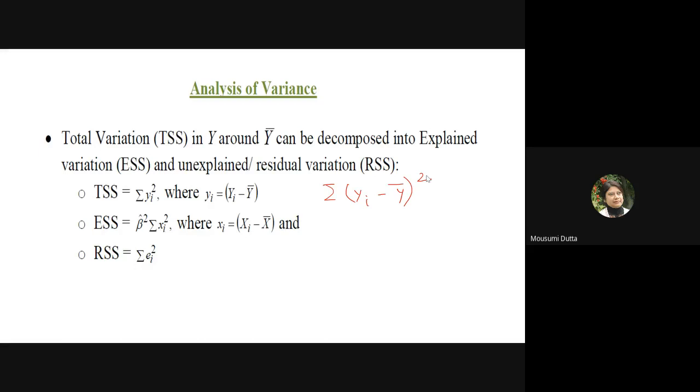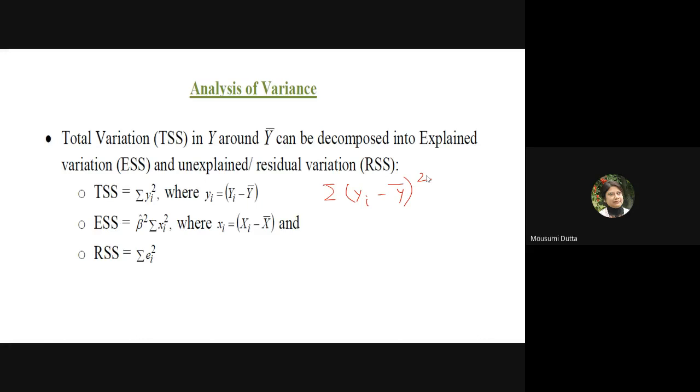The explained part, which will come from the explanatory variables, and the residual part or unexplained part, which will come from the residual component. Okay? Or the error component. Error is not observable, therefore we consider the residual component.